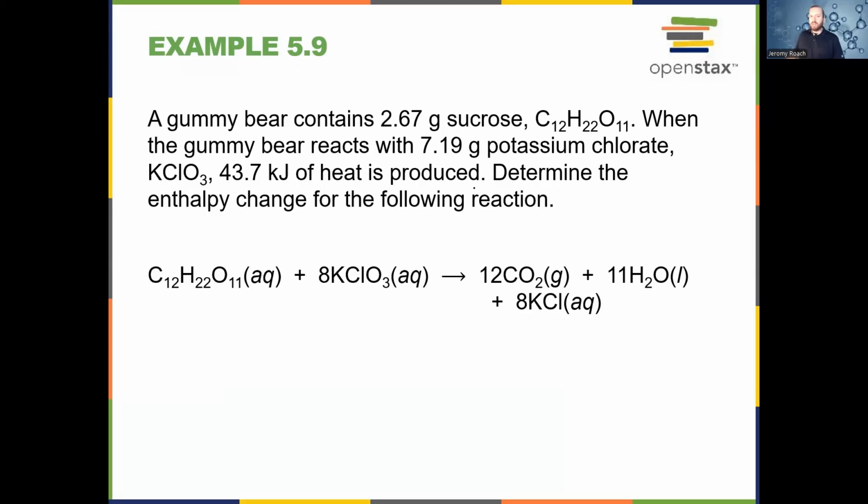We want to determine the enthalpy change for this reaction. So the sucrose plus the potassium chlorate, and we're given these numbers in the reaction. We're given the entire reaction. We're also given the grams of sucrose and the grams of potassium chlorate.